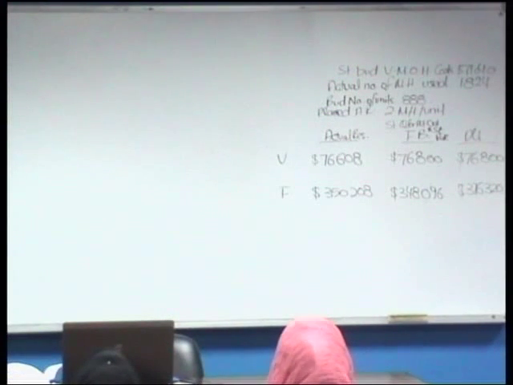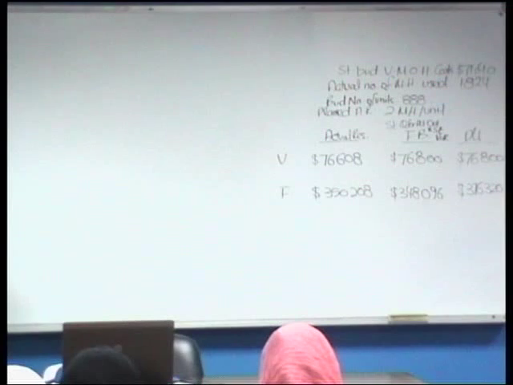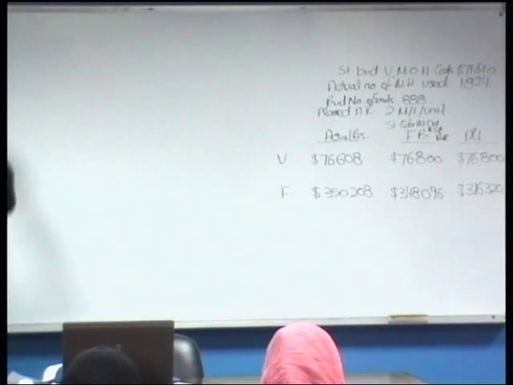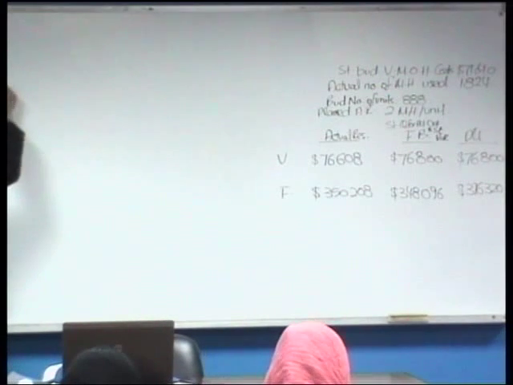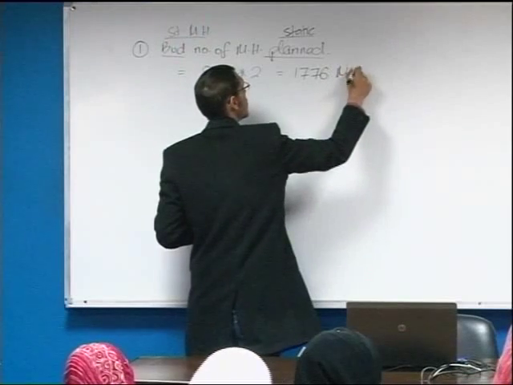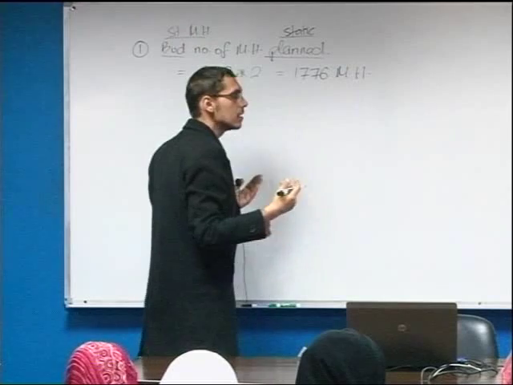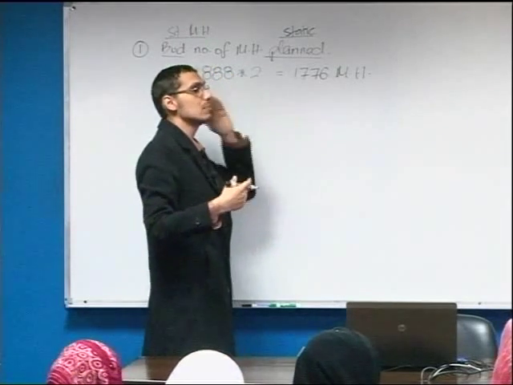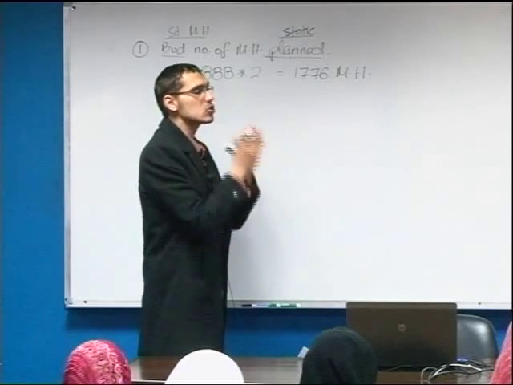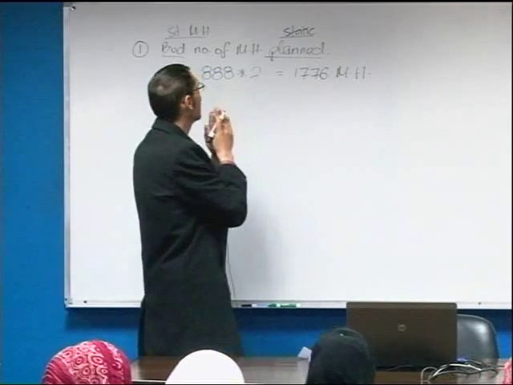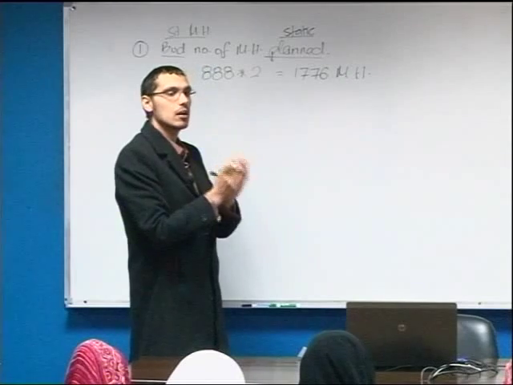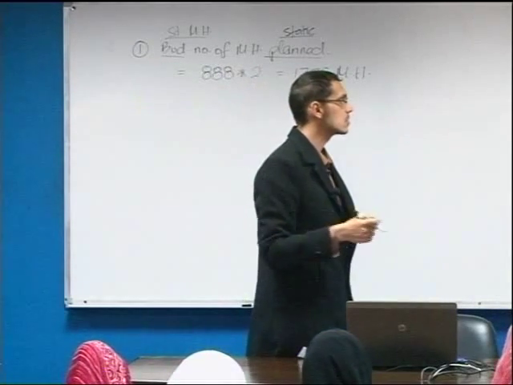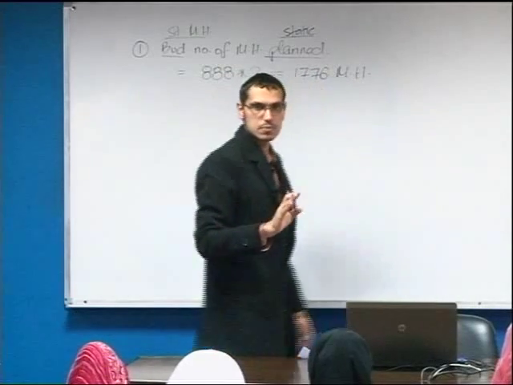Multiplied by 2, it would be 1,776 machine hours. Therefore, we need 1,776 standard machine hours in order to produce a budgeted or planned 888 units. Any questions?